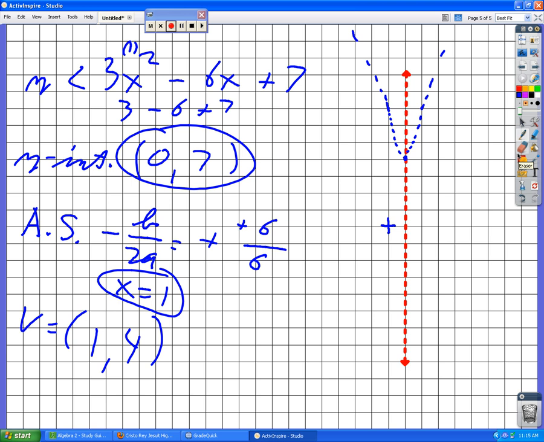Plug in a number. We don't even need to do a number. What do I know about y? Y is less than. Stand at the vertex, and if I go inside, where am I going? Greater than. If I'm not going greater than and I'm going outside, where am I going? Less than. So if I stand at the vertex, this is greater, this is less.